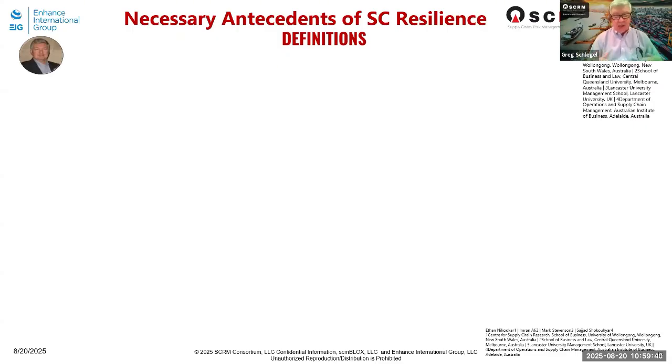So these guys hypothesized that supply chain visibility, responsiveness, flexibility, and collaboration are necessary antecedents of good supply chain resilience. And they went about attempting to prove or disprove that hypothesis. So with that, we'll give you their definitions of the four elements, and then Jim can give you a sense of their findings. Fire away.